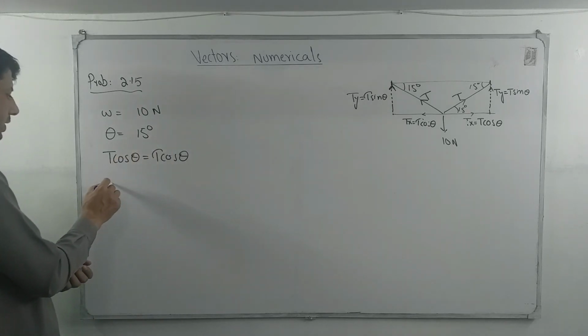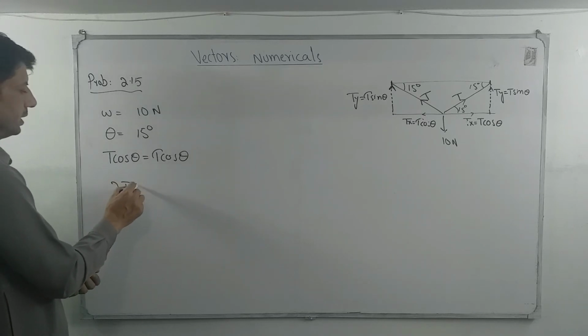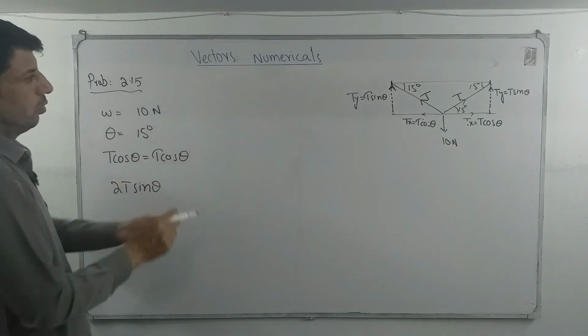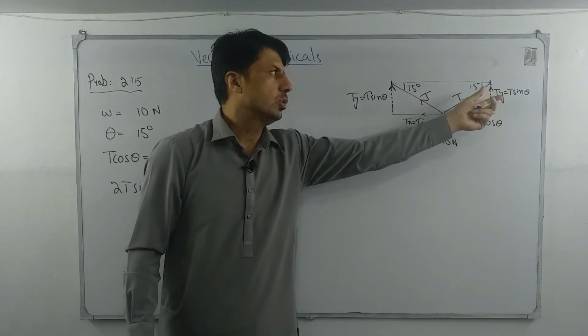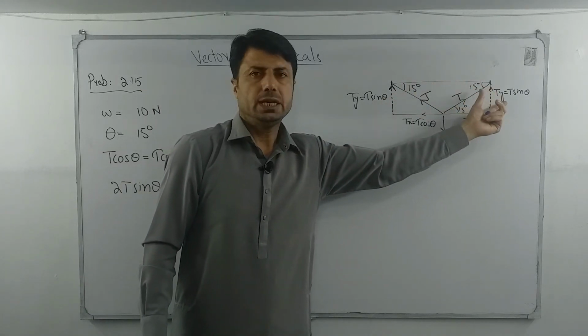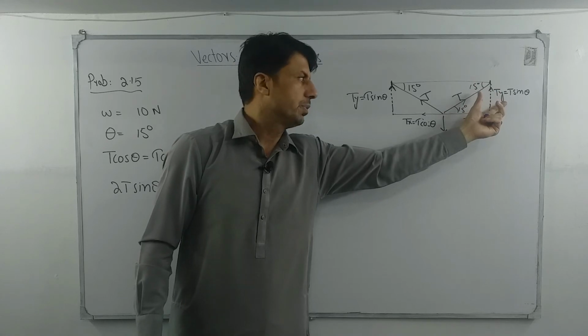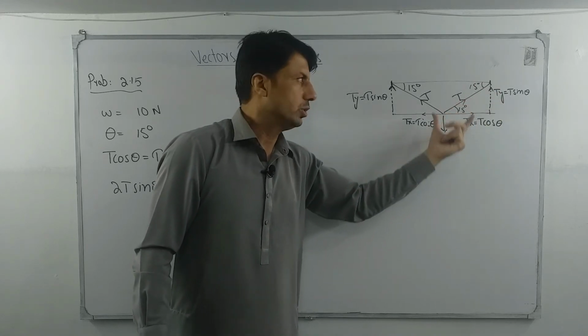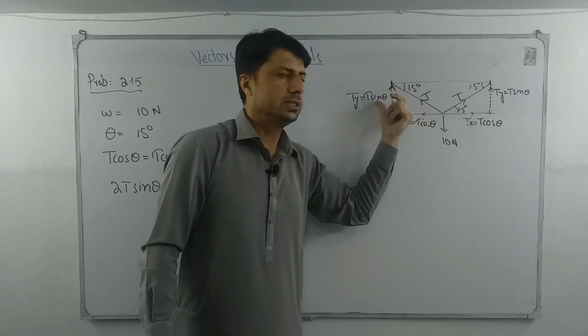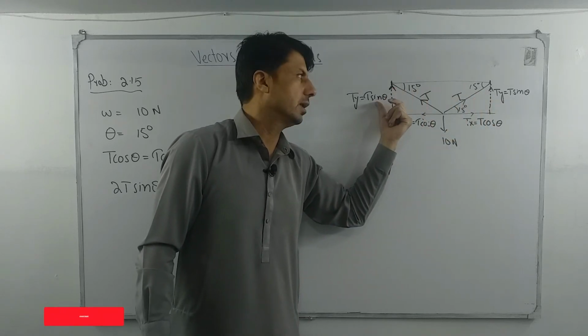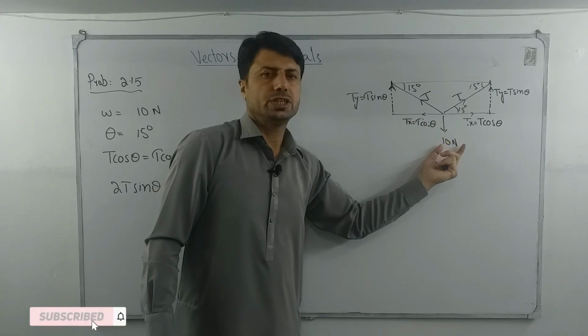But 2T sine theta: one T sine theta is this one, the second T sine theta is this one. So T sine theta plus T sine theta is 2T sine theta, which is equal to 10 Newton, because they are balancing each other. This T sine theta and this T sine theta combine to balance this 10 Newton.